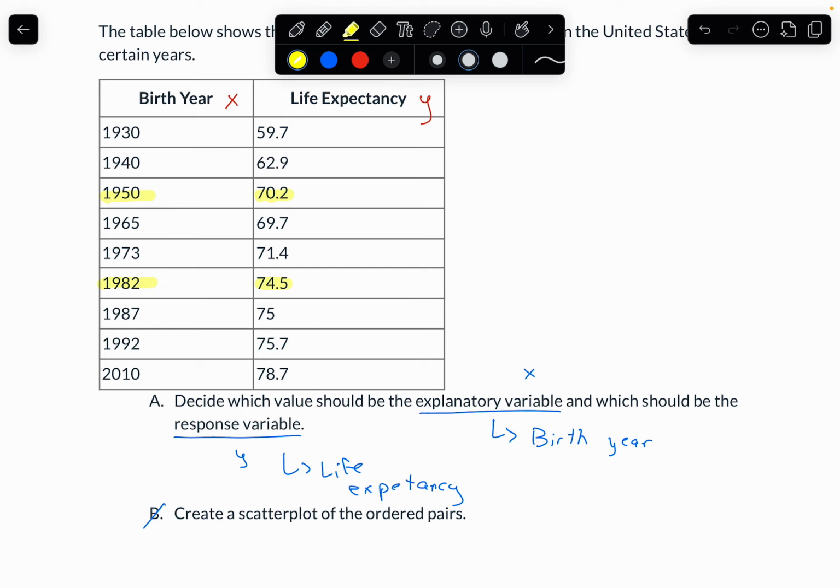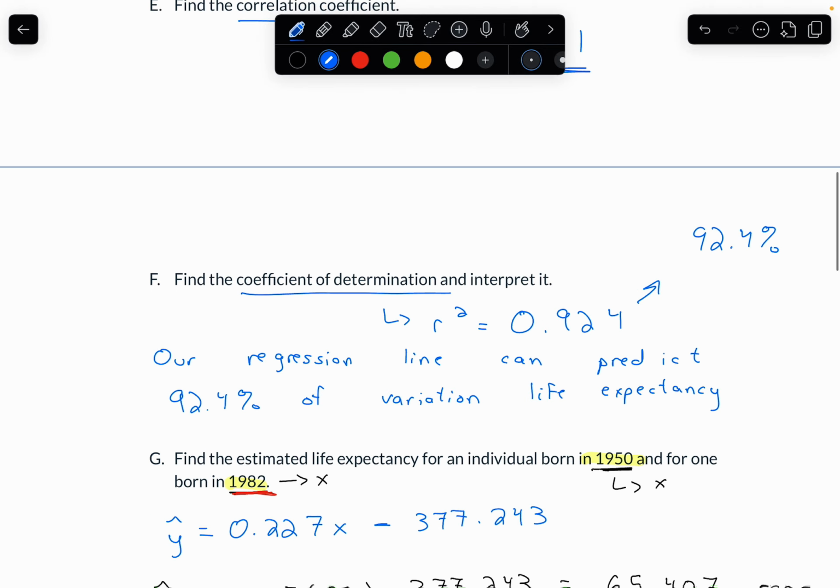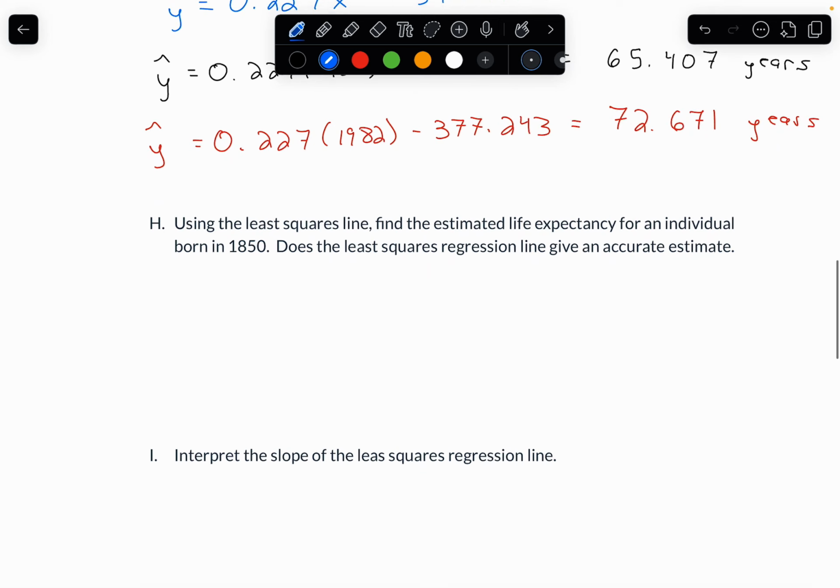Usually you can expect to see some amount of error within these predictions, because your line is never going to be a perfect fit. But they should be relatively close to the values that we're seeing in our table. So I'm going to scroll back down to finish up the last couple parts of this problem.